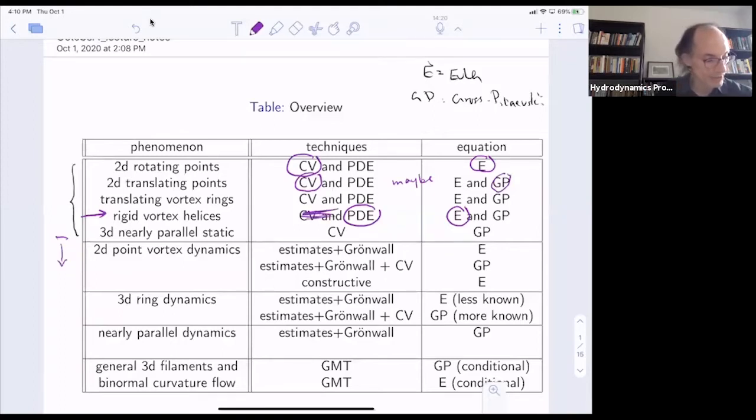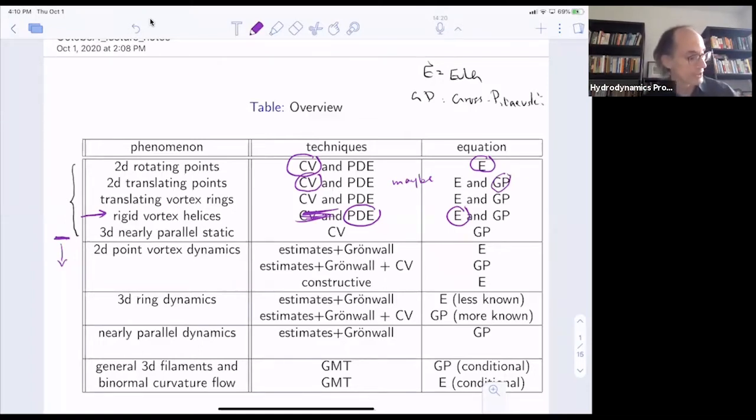I don't think there are any calculus of variations proofs of this result, or any approaches. For all the others there are, I guess, for Gross-Pitaevskii, but for Euler, no. So the goal is both to examine a variety of phenomena and a variety of strategies of proof.